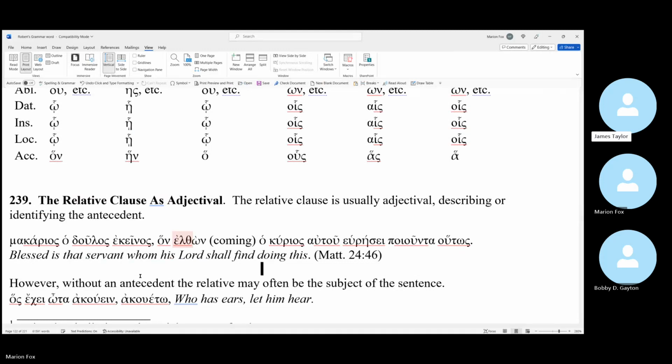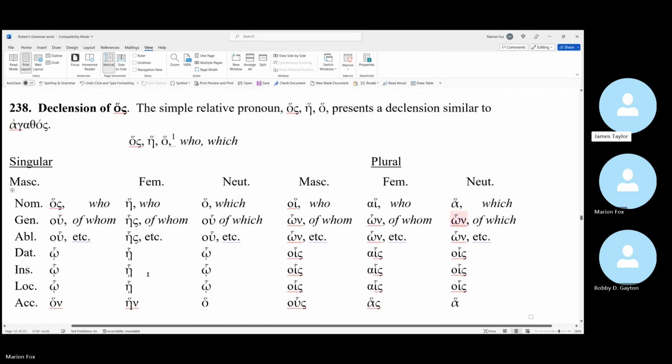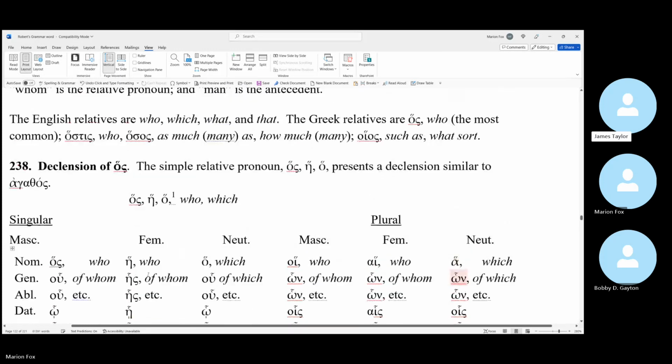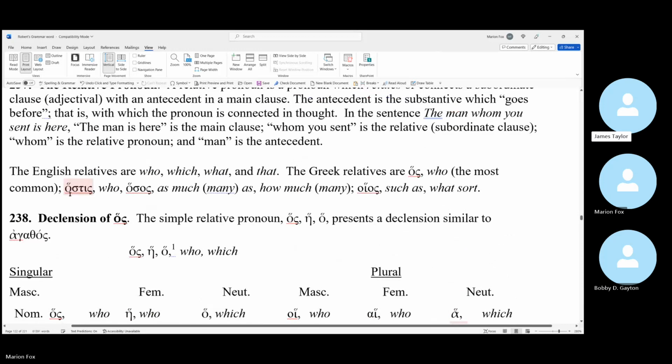Yes, sir. Would you back up just a little bit to hostis? Keep on going. I think it's before. Yes, right there. It's for who? My question is, what is that? I assume that's singular. Is there a plural? It is fully declined. That's the nominative singular form.